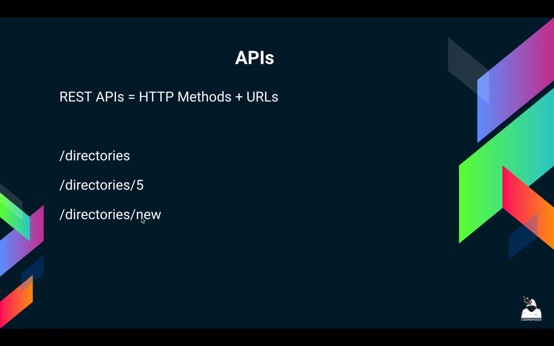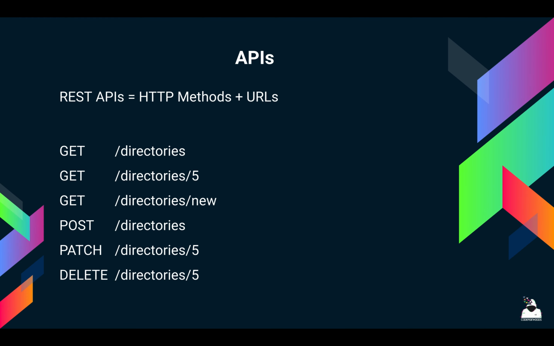And /directories/new, so that's not an ID, but that's a different URL, and we want to tell the server that we would like to create a new directory or something like that. So these are a few URLs that we're going to use.